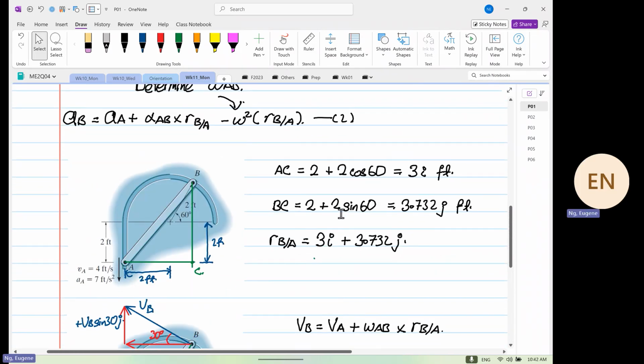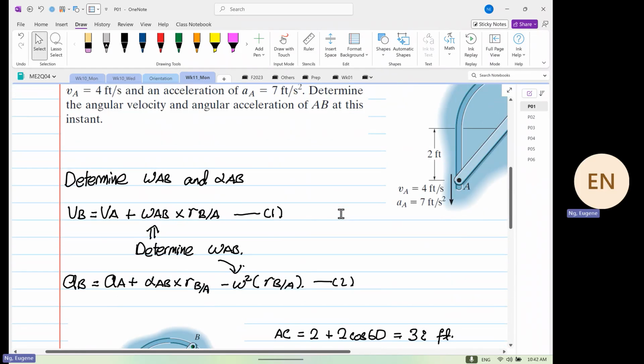Next thing that we are going to do is we are going to look at acceleration.